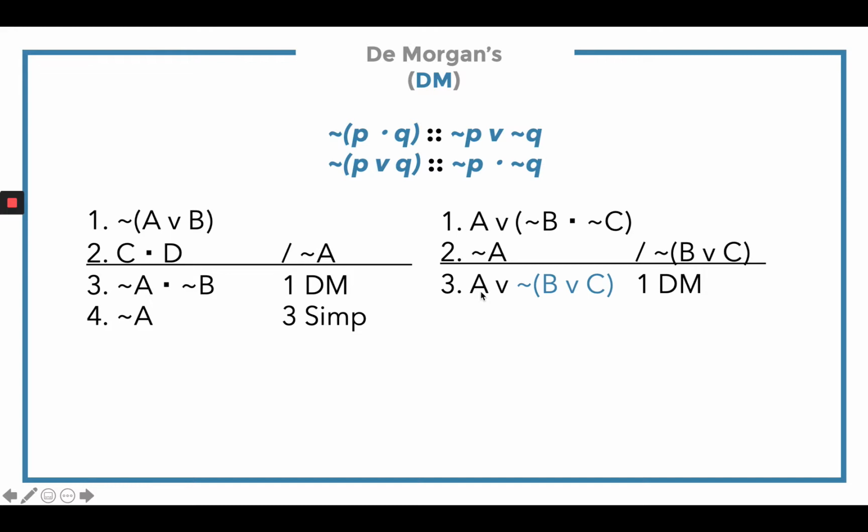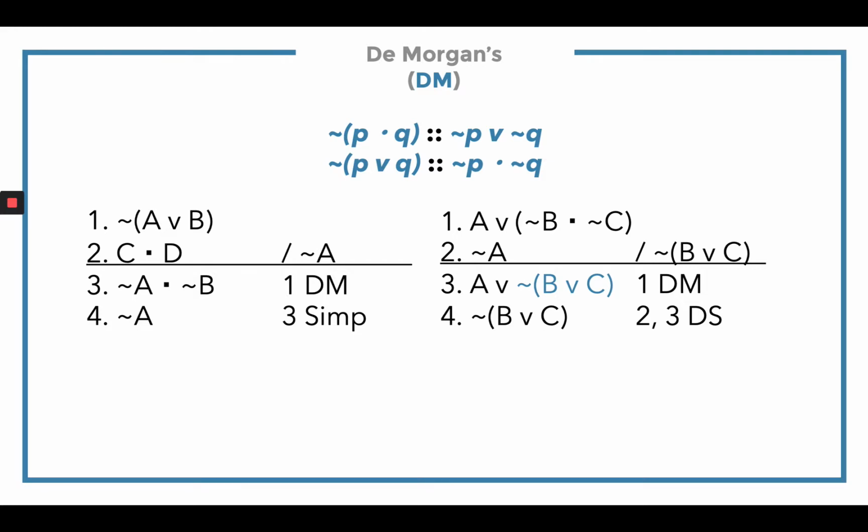I can say A or tilde parentheses B or C, and that's from De Morgan's. I'm trying to get not parentheses B or C. Got A or that thing. I can do disjunctive syllogism now and get to my conclusion. Tilde parentheses B or C.